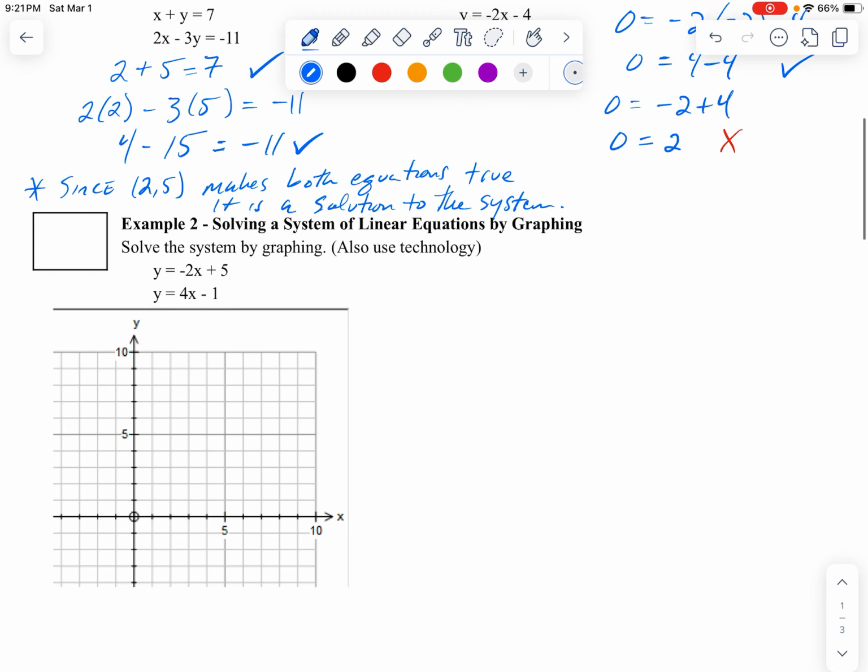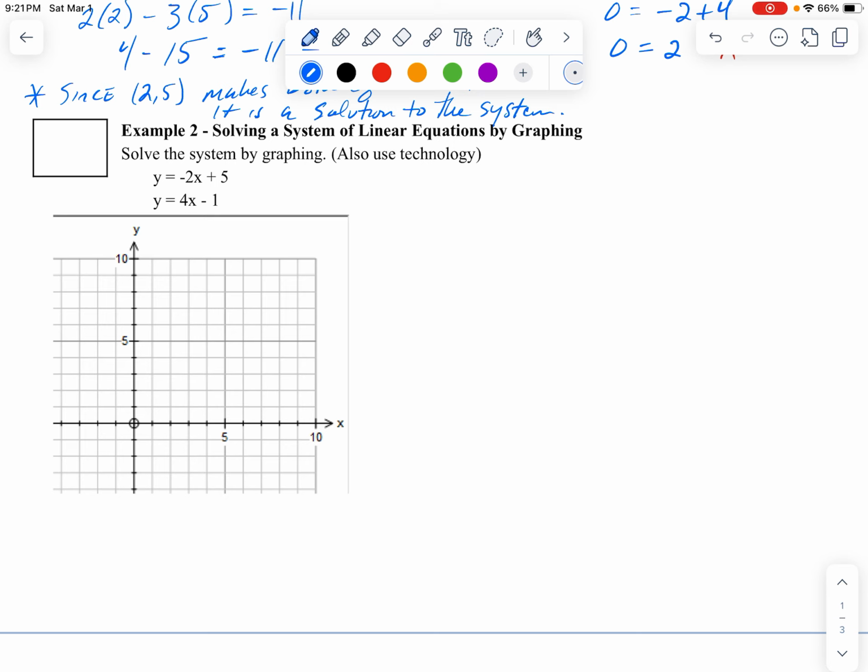Moving on, we can find solutions by graphing our equations. So when we do that, we're going to want to get it into slope-intercept form. You could do it in point-slope form as well.